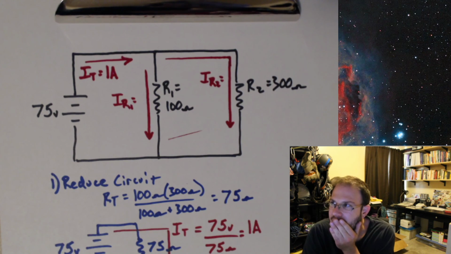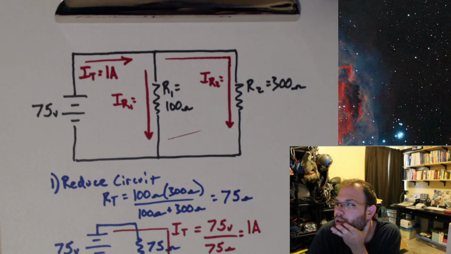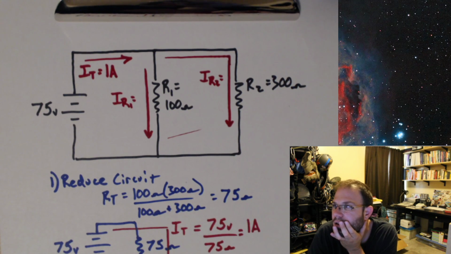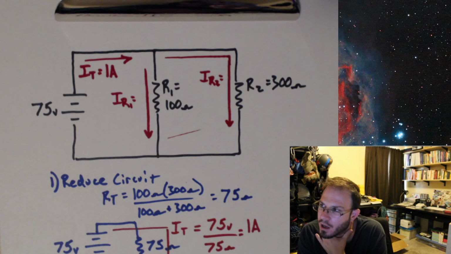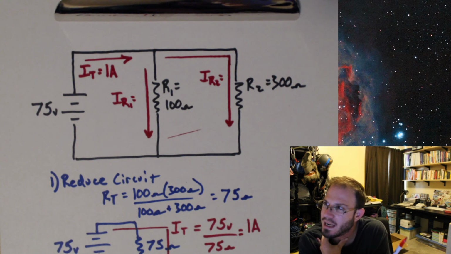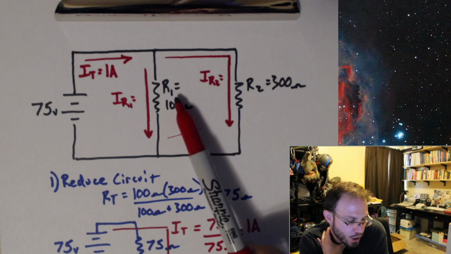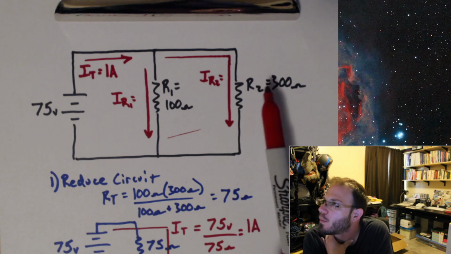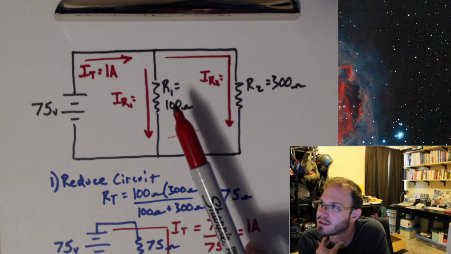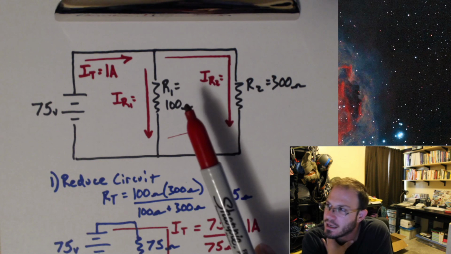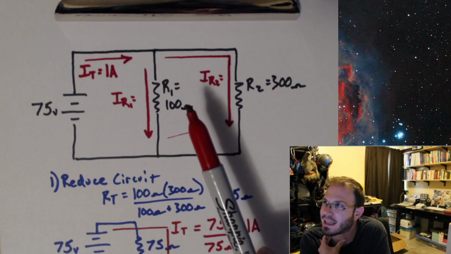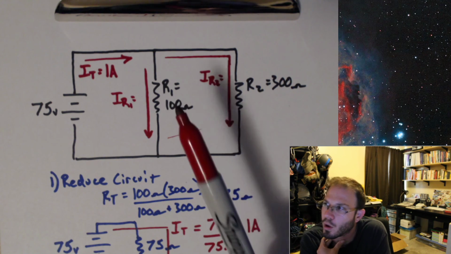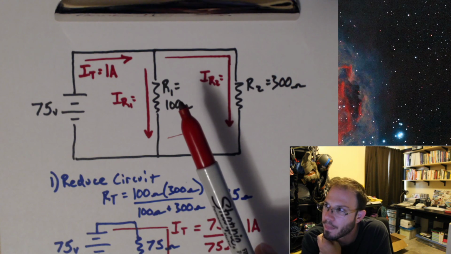Now, shoot. Well, my current is dividing. I can say that the current is being divided by the ratio of these resistances. And we know that resistance and current are inversely proportional, meaning that the lower the resistance is, the more current I have going through it.